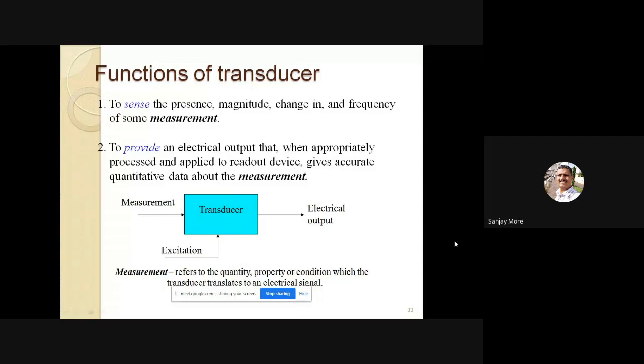First we sense the input signal, its magnitude or any frequency, and then transfer or proceed to the readable devices or output devices. So measurement refers to the quantity, property or condition which the transducer translates to an electrical signal.